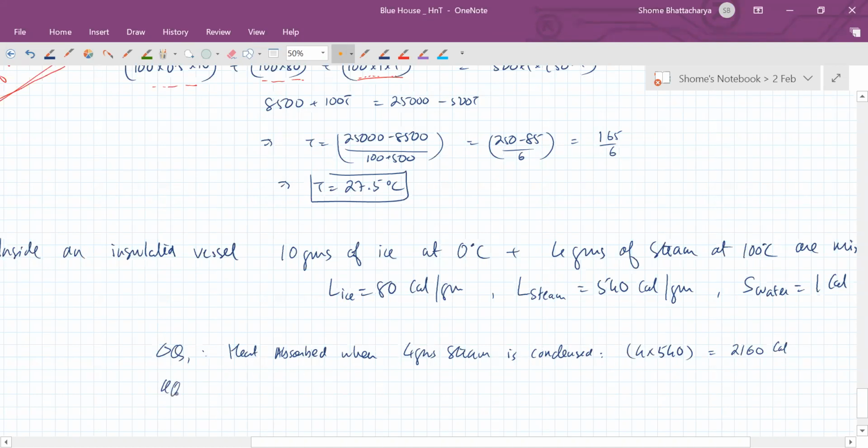And delta Q2 is the heat absorbed by 10 grams of ice to melt and rise to 100 degrees C. So that will be 10 into 80 for the melting, and then plus 10 into 1 into 100.